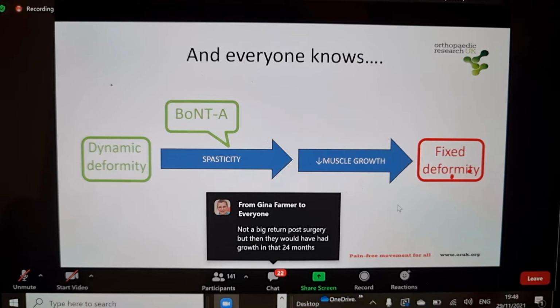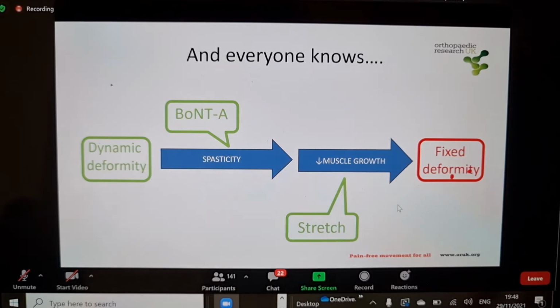And this is the rationale for attacking spasticity with anti-spasticity agents, of which Botox is a good example. And if the muscles won't grow, you better stretch them and make sure that you regain that length. And when all else fails, we've got good old orthopedic surgery to get us out of trouble. Everybody happy? Okay, this is the traditional model.